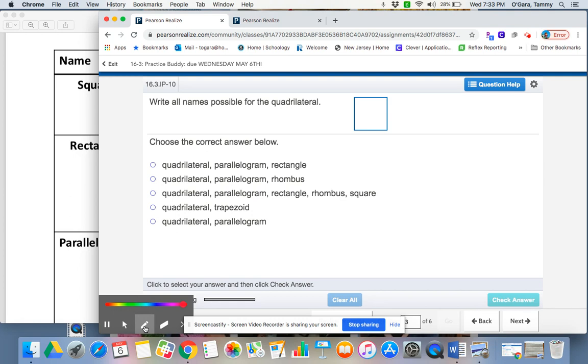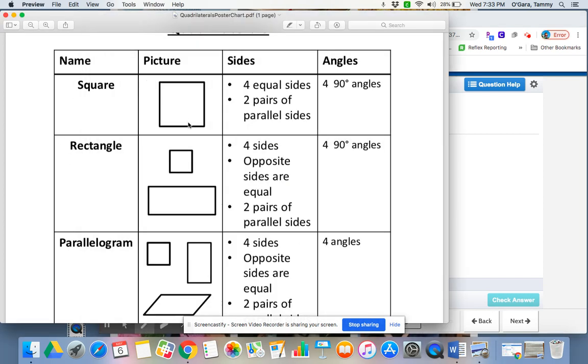So write all the possible names for this quadrilateral. A lot of you are probably saying it's a square, and you are correct. It is a square. But what other quadrilaterals could it be? That's why I'm going to use this chart here, because when I go down, I can see the square is here in this picture. Underneath square: four equal sides, two pairs of parallel sides, four 90-degree angles.